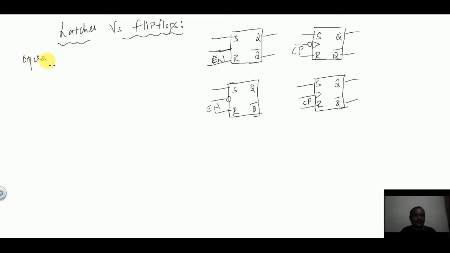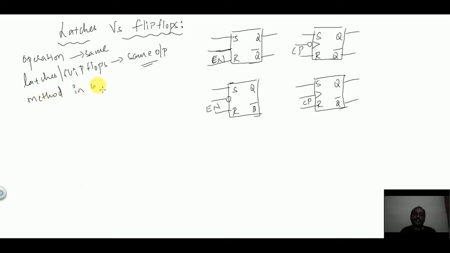So what is the difference between latches and flip-flops? The operation is the same. That means for the same inputs applied, latches and flip-flops will give you the same output.